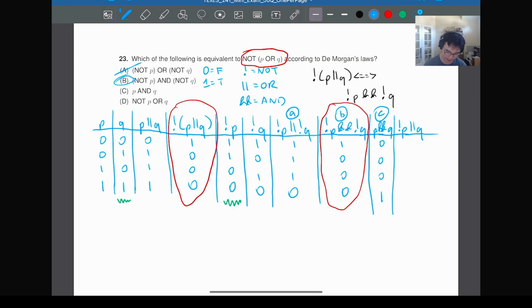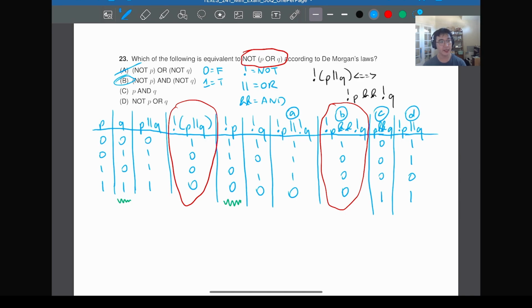I do an or. Not P is 1, Q is 1, or not P is 0, Q is 0, or not P is 0, Q is 1, or. So that would be D.